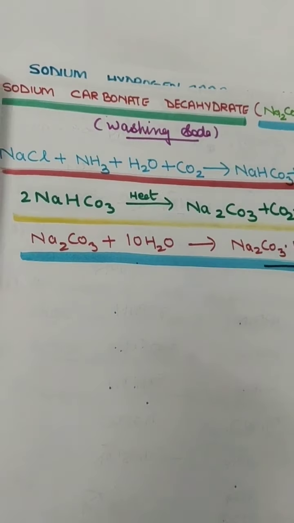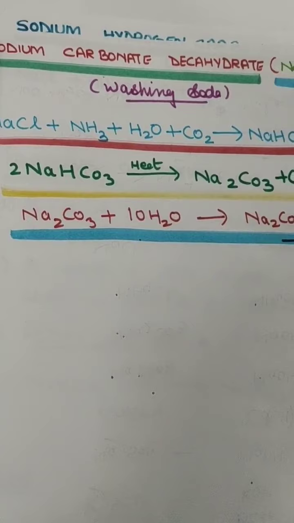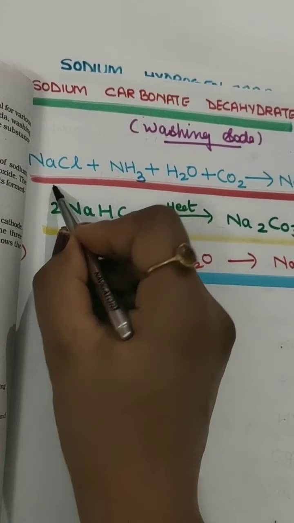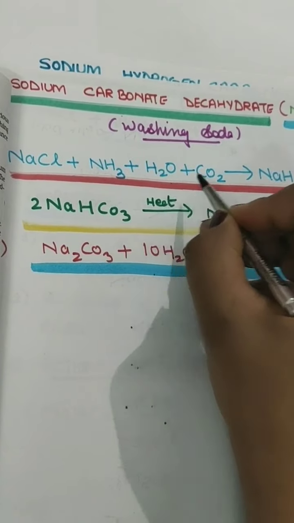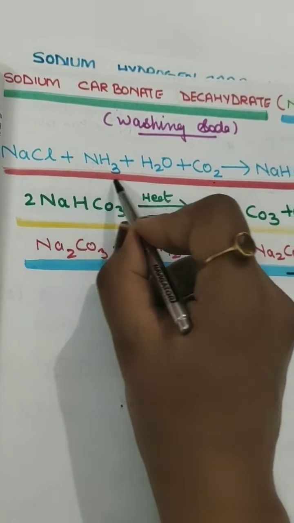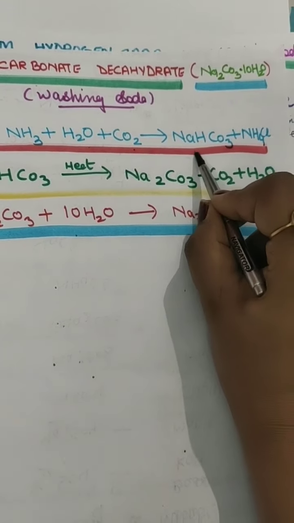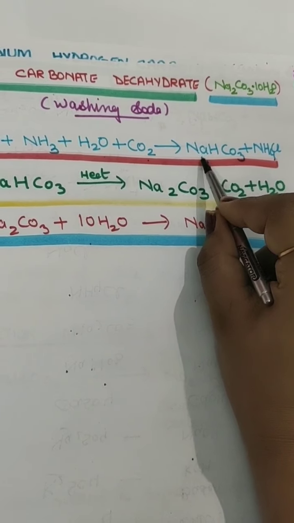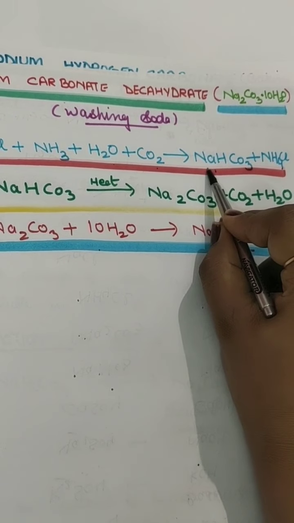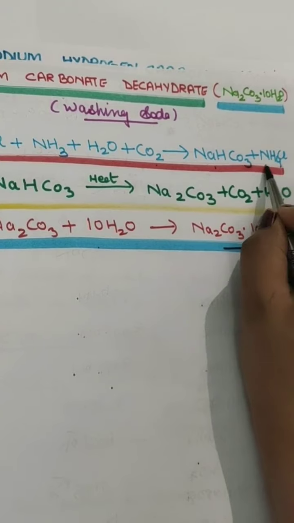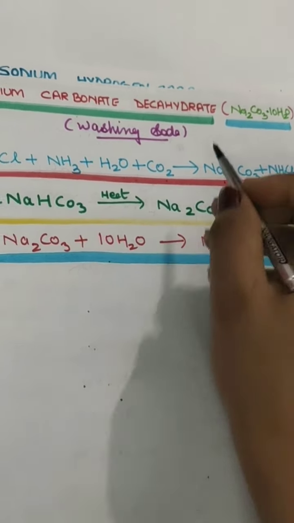To make this, we will repeat the same process, that is NaCl plus NH3 plus H2O plus CO2. If you remember, this is the same reaction which we did in the formation of baking soda. So here we are making baking soda again. This is baking soda, which is sodium hydrogen carbonate, and this is ammonium chloride. So the first reaction is the same.